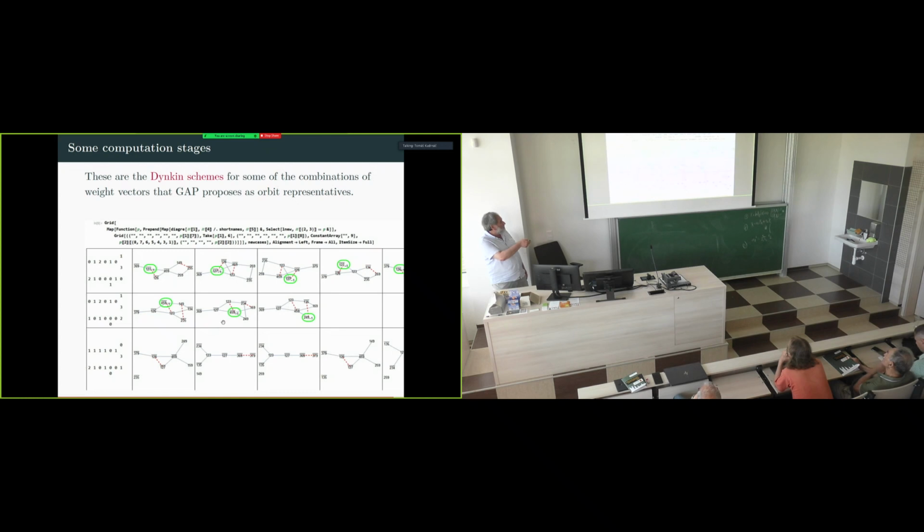Here, these are the usual weighted diagrams. These lines mean a 120-degree angle between the weight vectors. This means 60 degrees. And what happens is that usually Sasha says this is all garbage, and then he uses his experience and expertise and comes up with good canonical forms for the representatives, and this is the way it works.